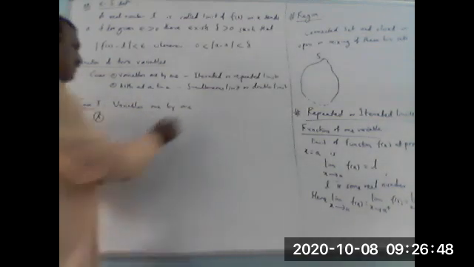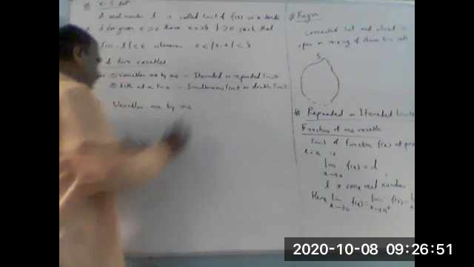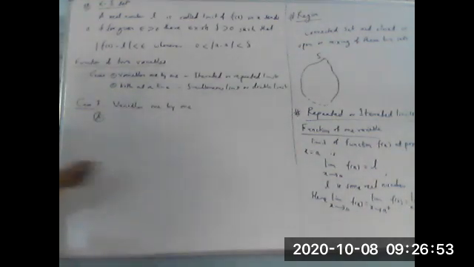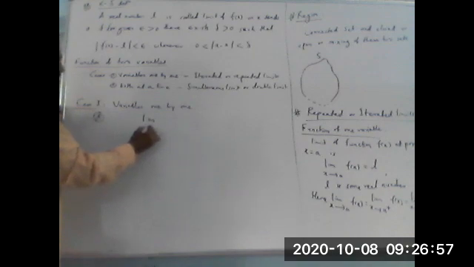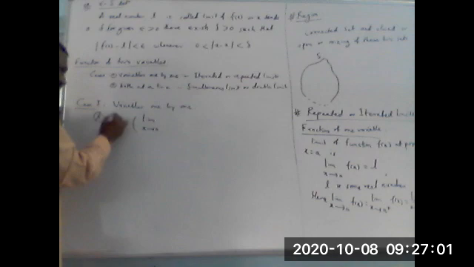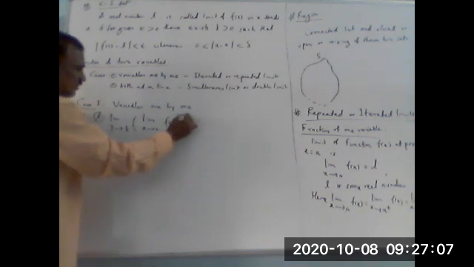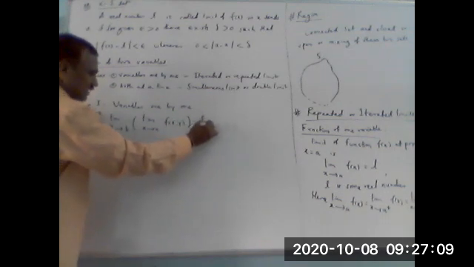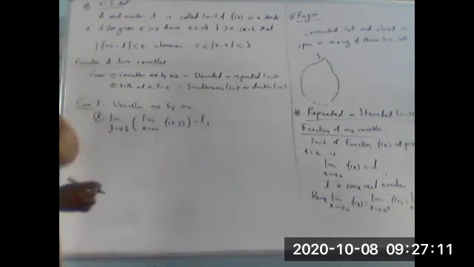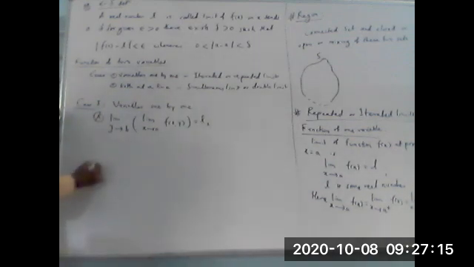First, we consider the x variable first: limit x tends to a, then limit y tends to b of f of x y, and this limit is L1.